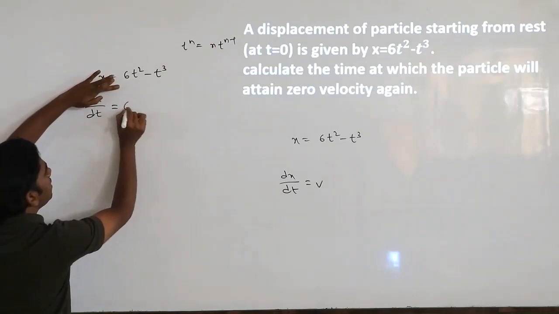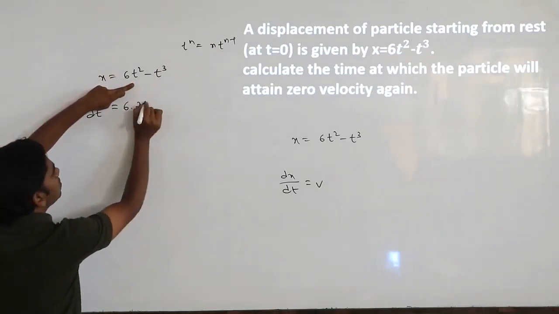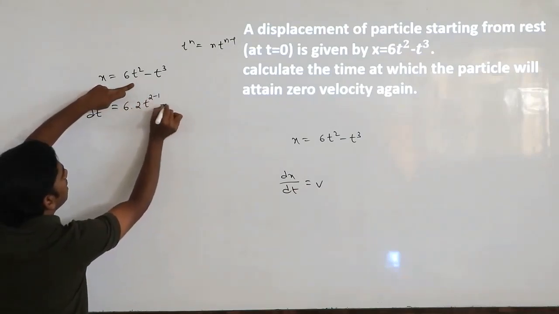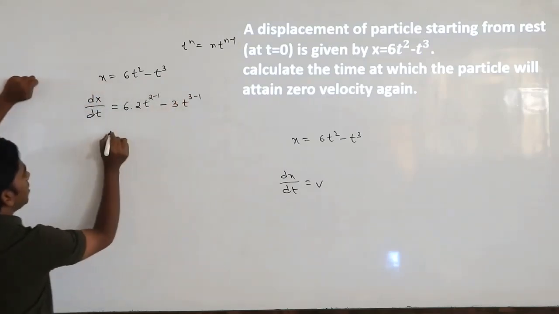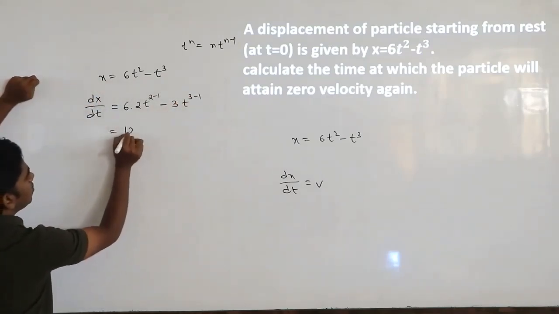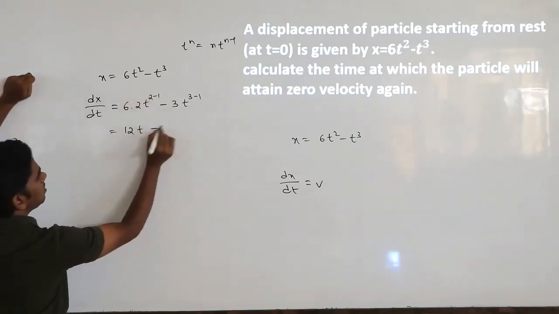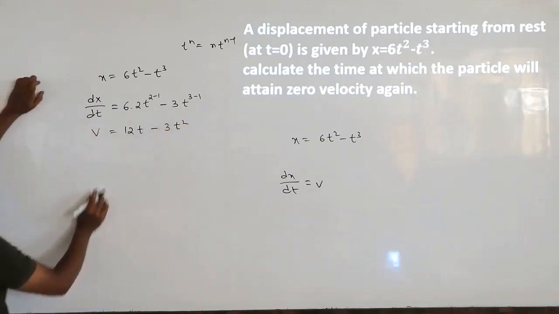So 6, as it is, t square, n equals 2, means 2 into t raised to 2 minus 1, minus 3 into t raised to 3 minus 1. Okay, so 6 into 2 is 12, t raised to 1 means t, minus 3 into t raised to 2. This is the velocity.